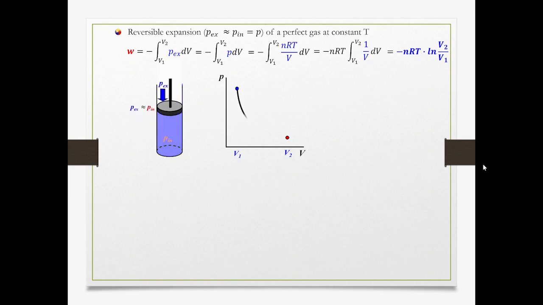Take note, as the volume of the gas in the chamber increases from V1 to V2, the pressure of the gas decreases. The area under the curve is the result of integrating the PV work from volume V1 to volume V2, which corresponds to negative nRT times log V2 over V1.